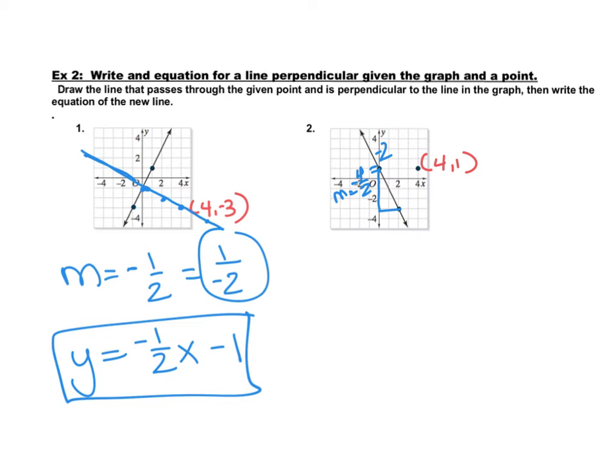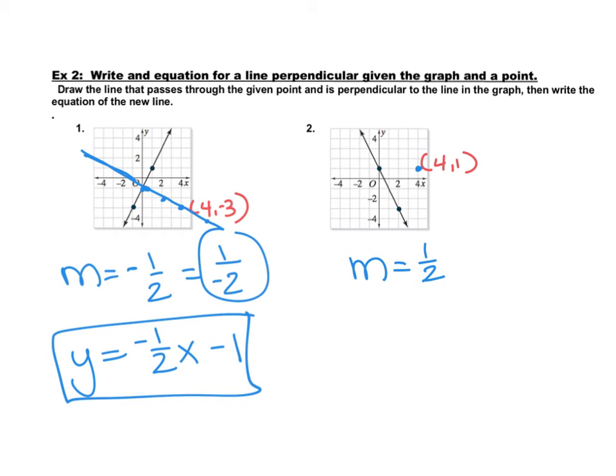All right, so we need to determine the slope of our perpendicular line. So instead of it being negative, it's going to be a positive. And instead of having 2 all over 1, it's going to be 1 all over 2. So now that we've identified the slope of that original line and now of our perpendicular line, let's go up 1 from this line right here.